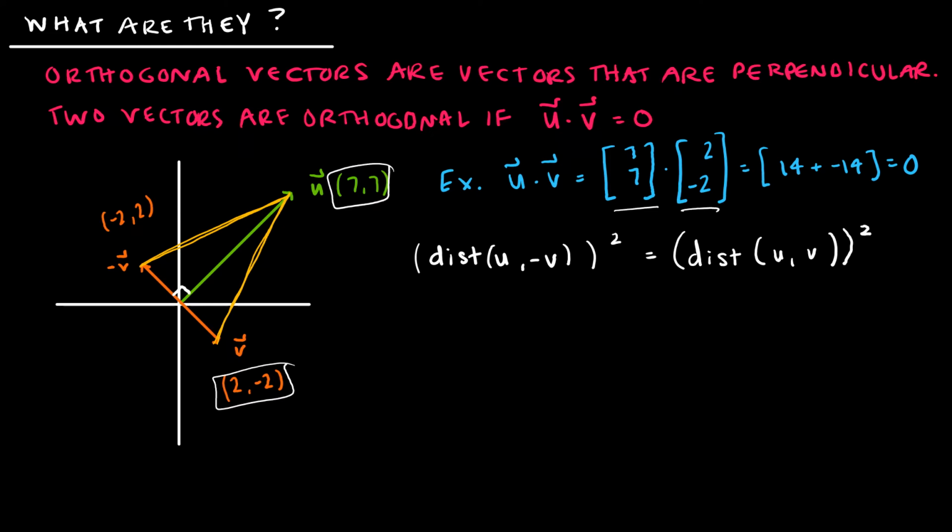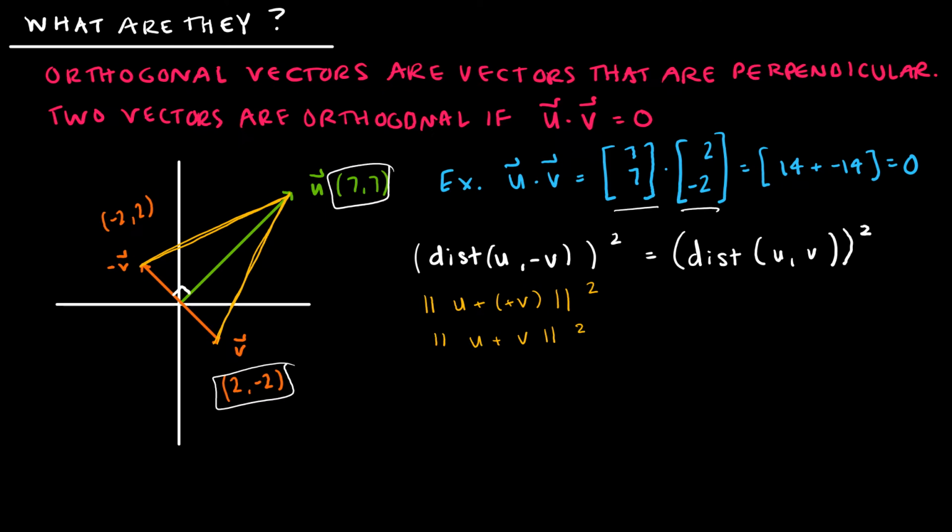So let's see what we can find out. Sorry, the distance between u and negative v says let's take the distance u minus negative v, which of course means I'm adding. So essentially I find the distance of u plus v.